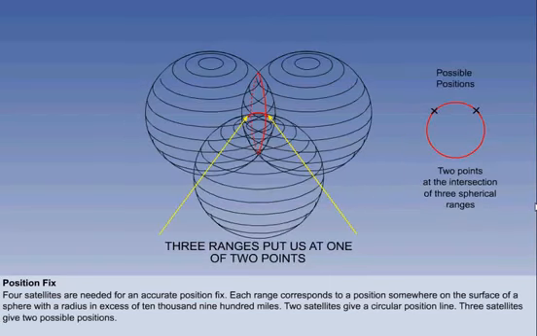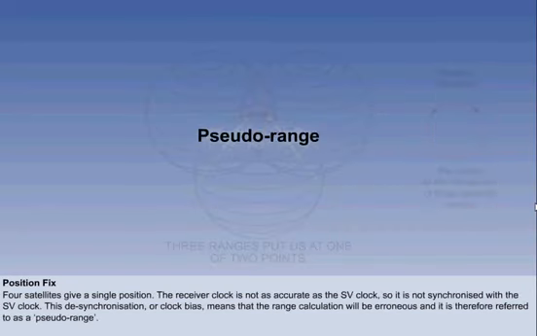A third range sphere will produce 2 possible positions for the receiver, one near the Earth and the other out in space, which is obviously not the position of the receiver. So, it would be possible to use 3 pseudo-ranges to produce a position. However, a 4th range sphere is needed in order to produce a single position.